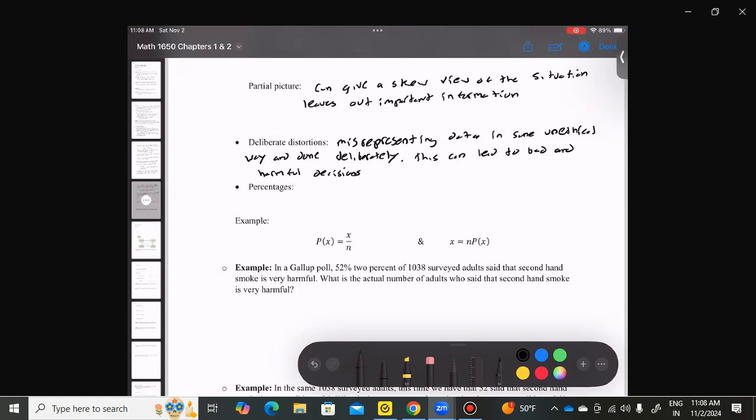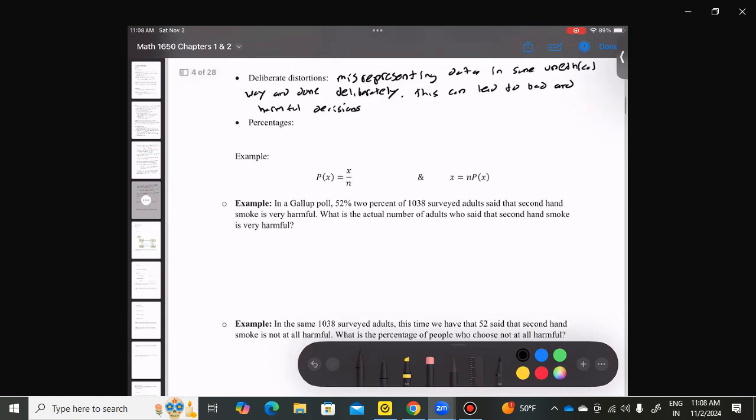Right. The last one on here, of these bad samples or things that can cause issues, and we're also going to go into how we do this correctly so it's not an issue, is percentages.